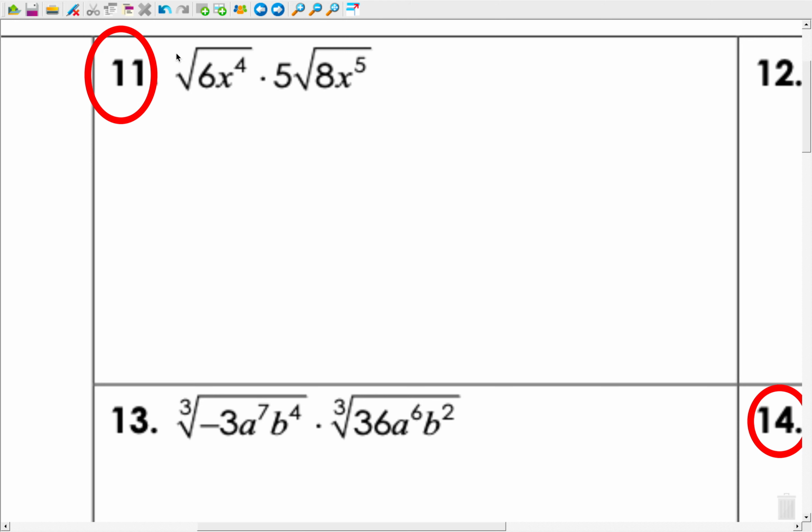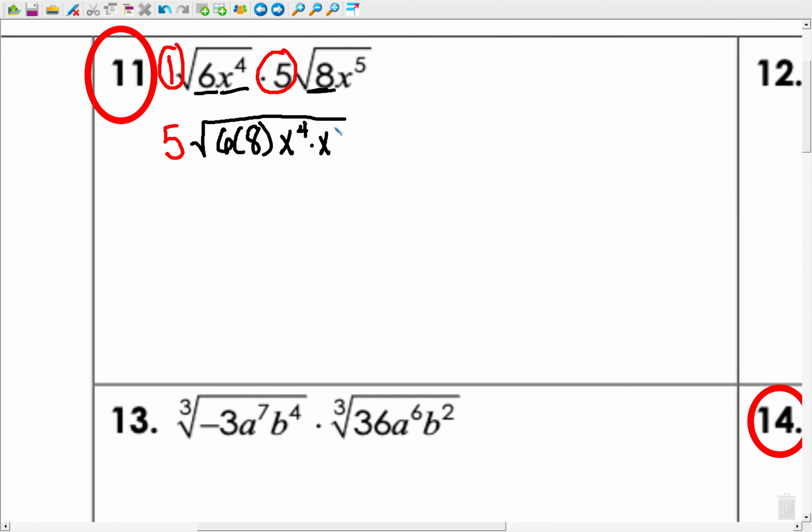You're going to multiply the invisible 1 that's here times the 5 that's here. That gives me 5 on the outside. Then I'm going to do the square root of, and now let's take what we have inside. 6 times 8, and then x to the 4th times x to the 5th.